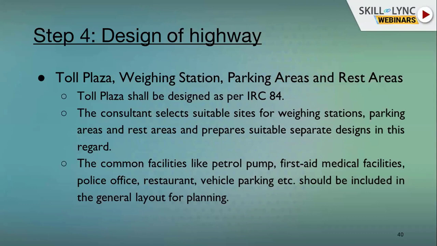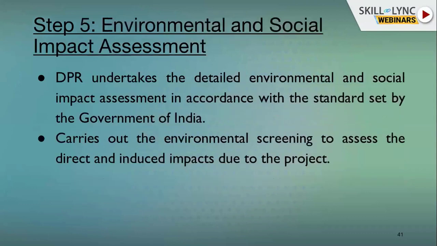Fifth step is environmental and social impact assessment. In detailed design, this matters when it passes through forest land or wildlife. These are very important. Initially there will be screening, then various environmental impact assessments, which will be taken care of.